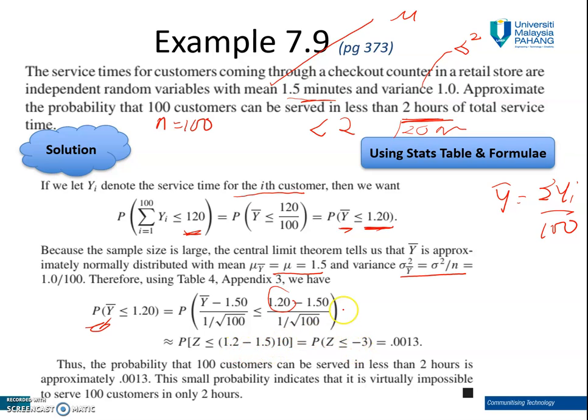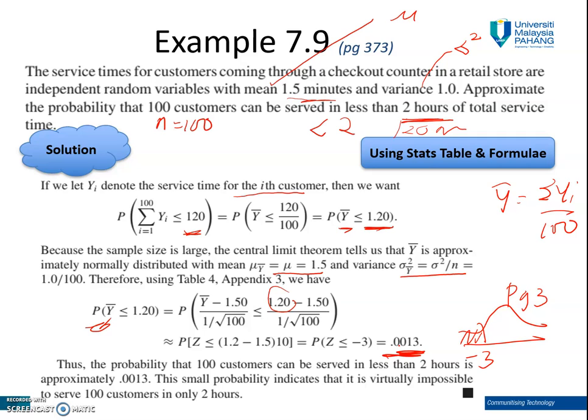You get -3. When you get -3, you look at your Z table, page 31. You can again see it's on the left side, -3 here. Looking up -3, it gives you 0.0013.